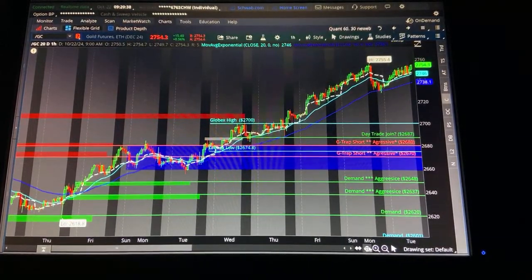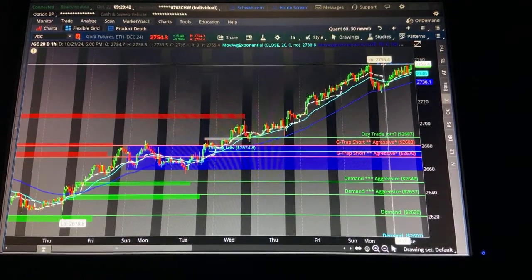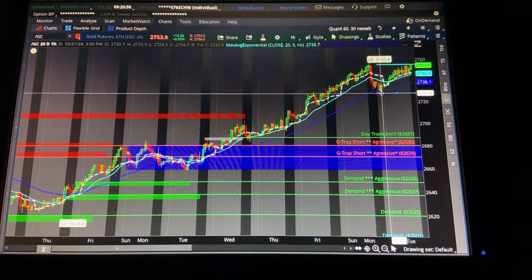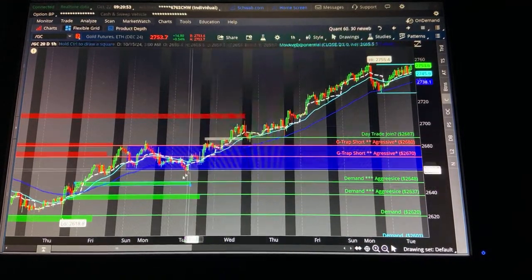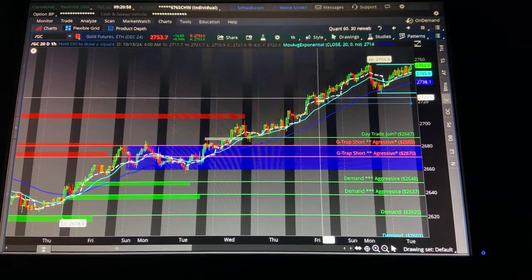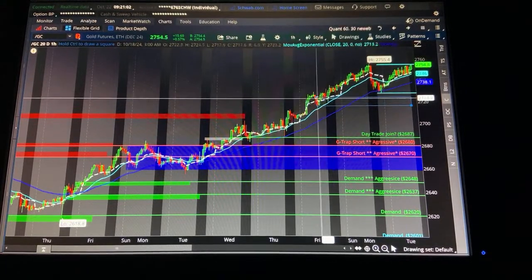Macro picture up. If I map out the Globex high, right now that's going to be right here. Globex low right here. Not sure if it's going to happen, but today, Globex trap, there is something here. It's not the greatest level in the world, but gold is just on fire.